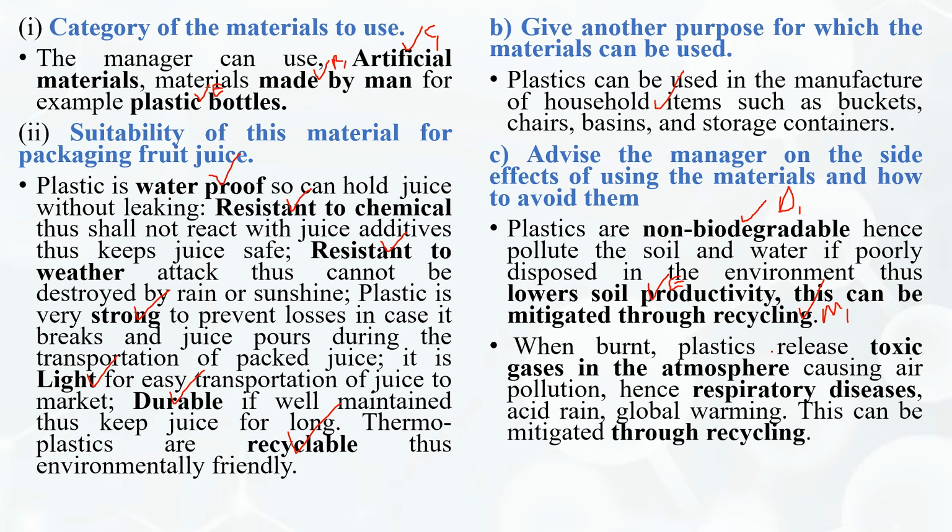And then another point you can have: when burnt, plastics release toxic gases in the atmosphere. That is the danger, causing air pollution, hence that is the effect, respiratory diseases, acid rain, global warming, and this can be mitigated through recycling.